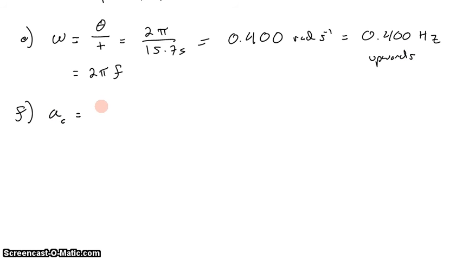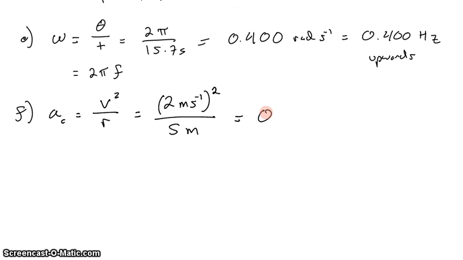The magnitude of the centripetal acceleration is just the magnitude of the tangential velocity squared divided by the radius of the circle, v squared on r. The velocity is 2 meters per second. We'll square that. And divided by the radius, which is 5 meters. 2 squared is 4, divided by 5, that's 0.8 meters per second squared.